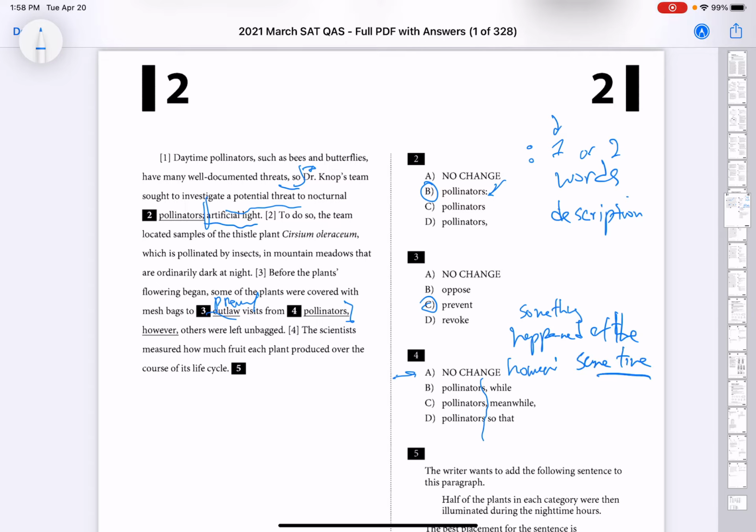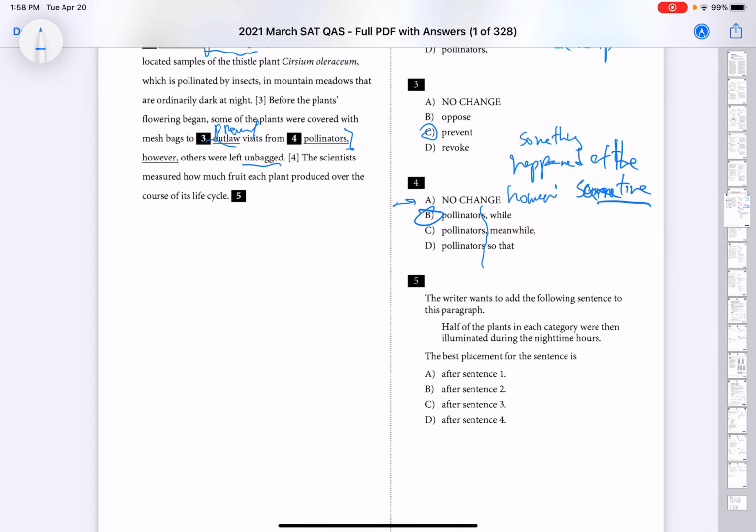So they're saying that these two things happened at the same time: some plants were covered and others were not covered. So if things were happening at the same time, then the answer should be B. Some plants were bagged while other plants were left unbagged.